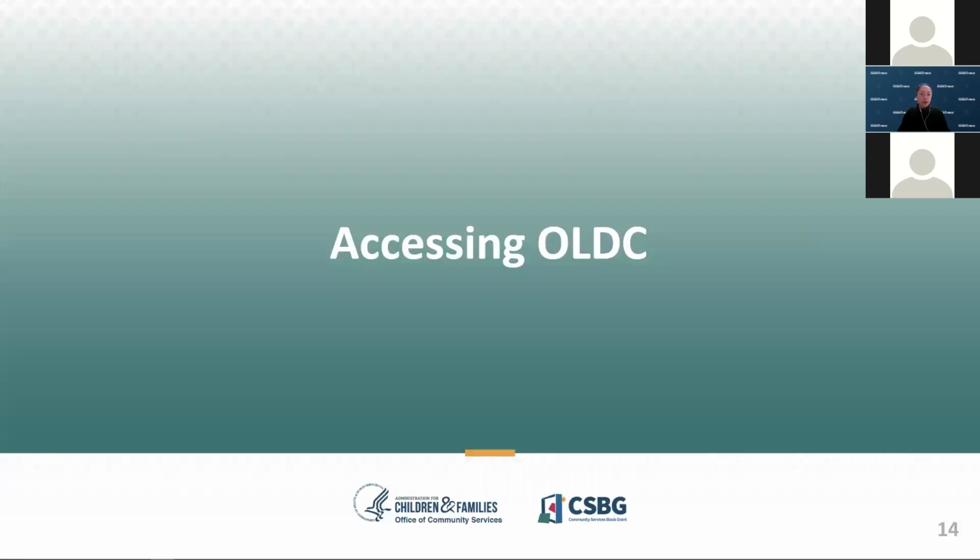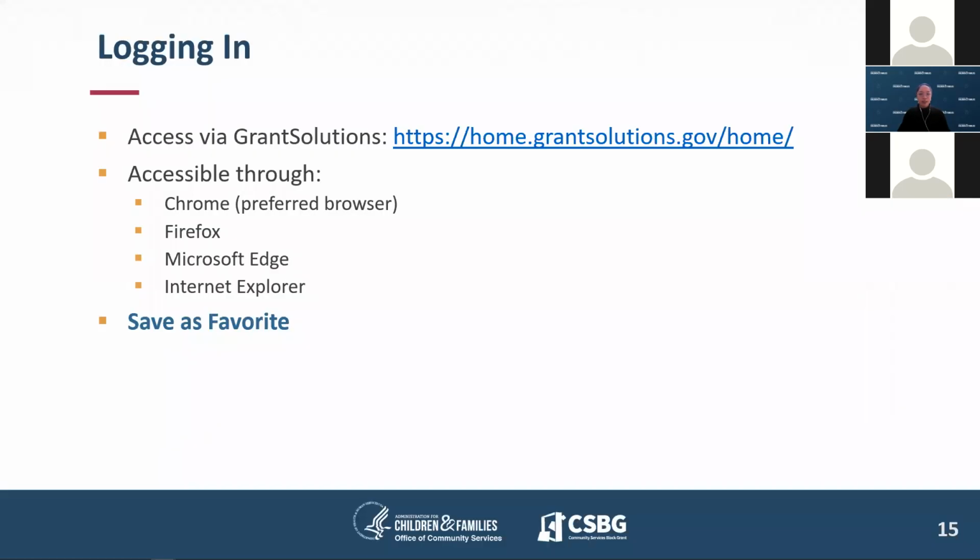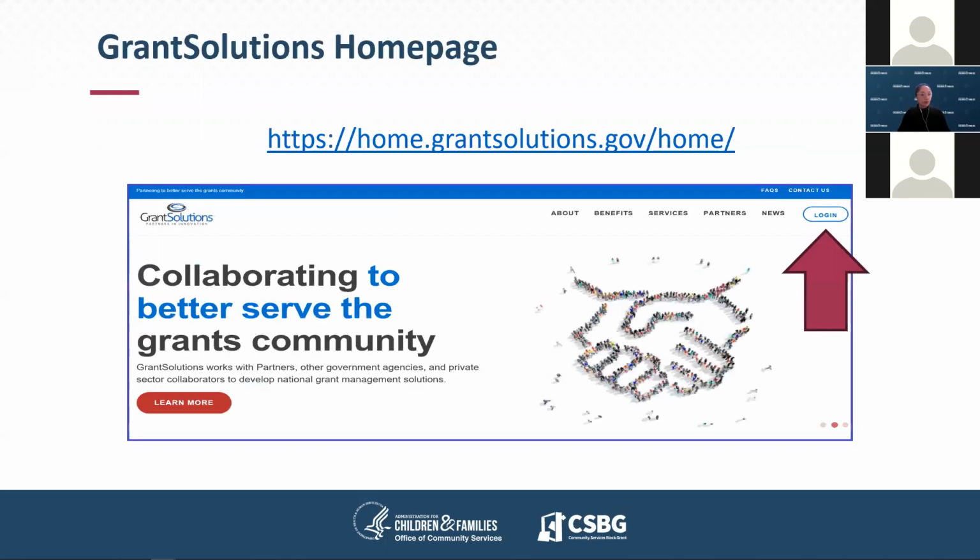So once you have your account squared away, these are the steps you will take to log in and access OLDC. Next slide, please. To log in, you can use a link to GrantSolutions as shown here. You can use any of the browsers listed on the slide with Chrome as the preferred browser. You'll also want to bookmark this site for ease of access in the future. Next slide, please. This is the GrantSolutions homepage.